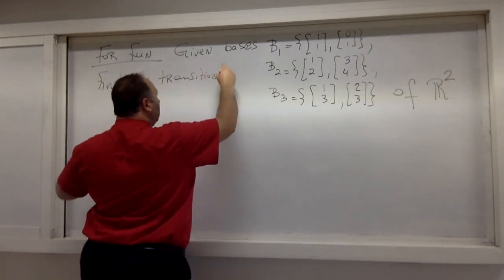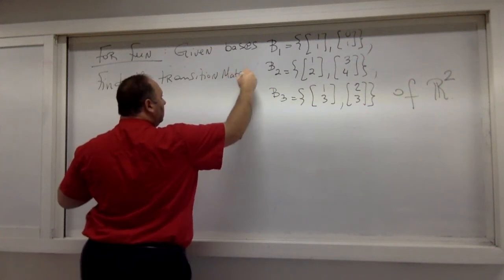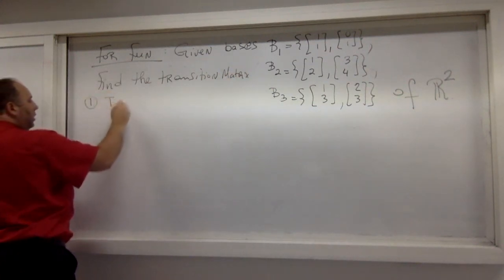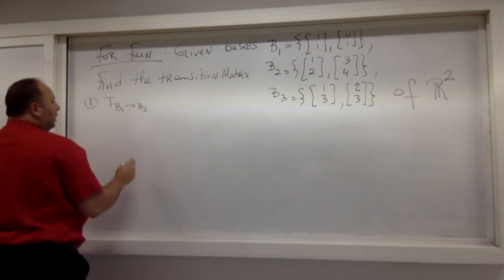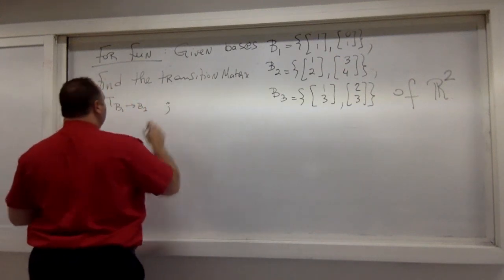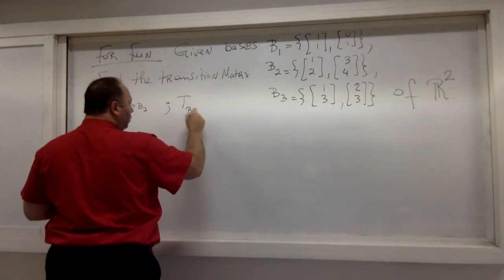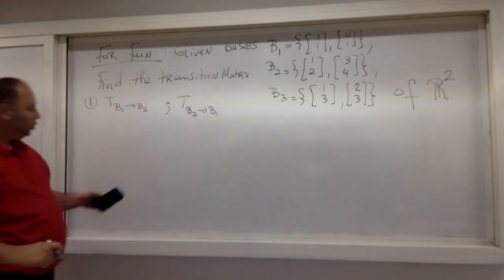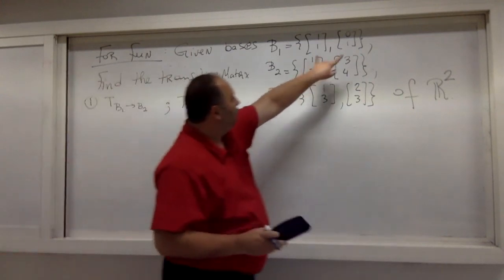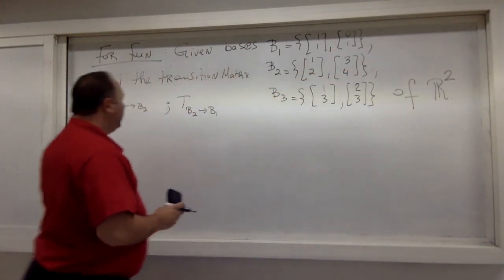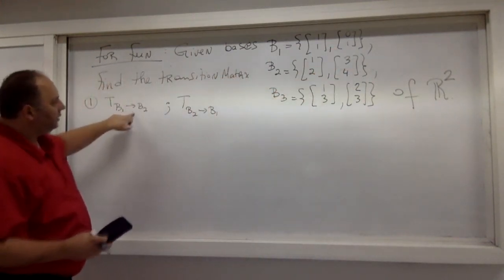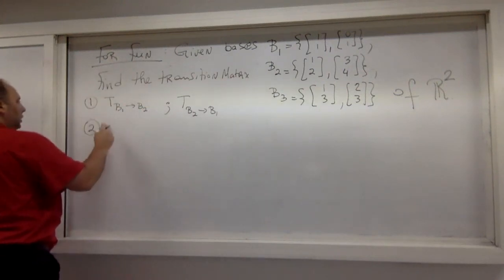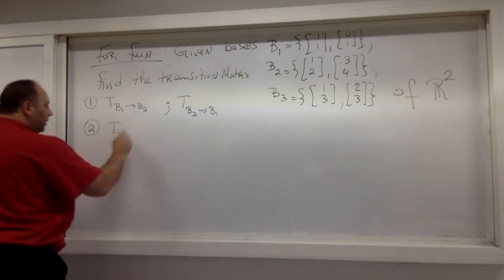Transition matrix. So first, you go from B1 to B2, and then also you go from B2 to B1. All of these matrices will be 2 by 2 because you have 2 vectors in the basis. So obviously, once you find this guy, the other is just the inverse, and you know how to compute the inverse of a 2 by 2. That's long time done.